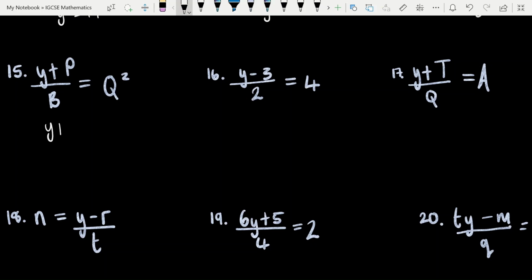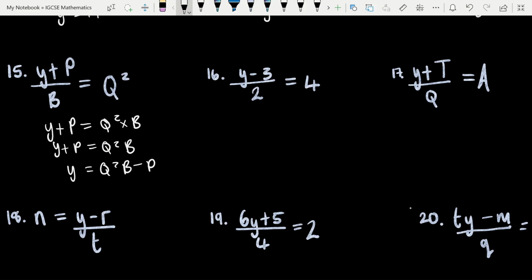I have y plus p being equal to q squared times b, or bq squared, or q squared b. Doesn't matter. Then we take p to the other side. Now we're going to have y being equal to q squared b minus p. Done.